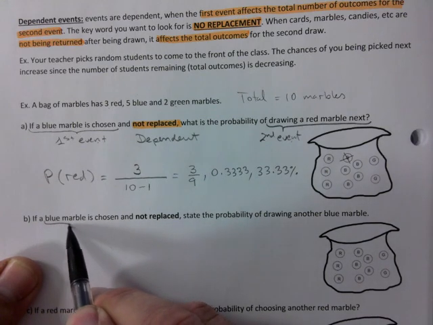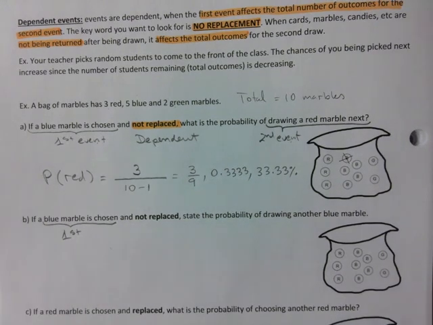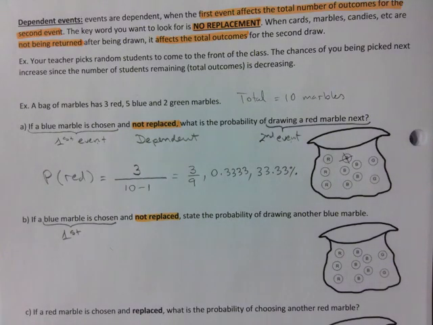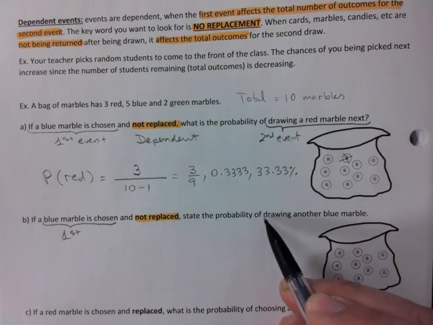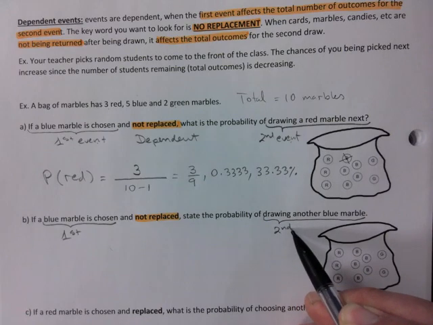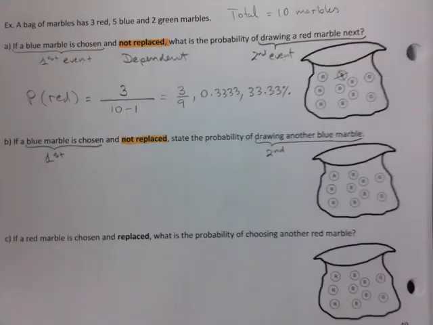If a blue marble is chosen, so that's my first event, and then not replaced, okay, that should be like a 10, 10, 10, right? State the probability of drawing another blue marble. So this is my second event. Let me come down here.